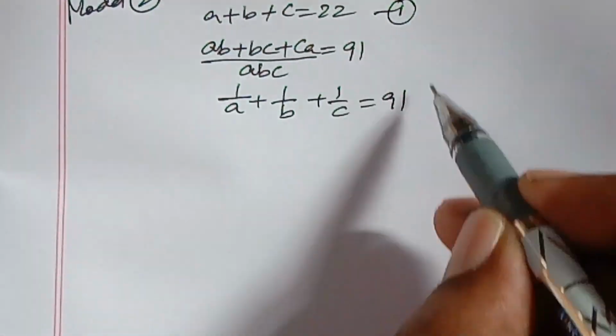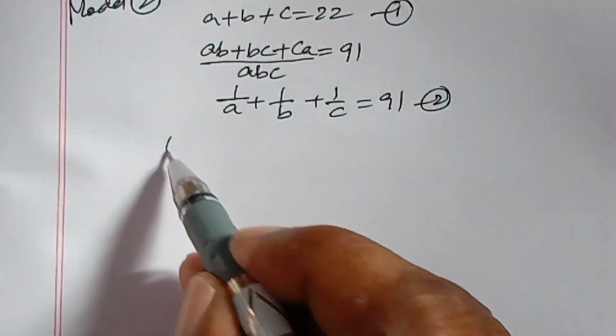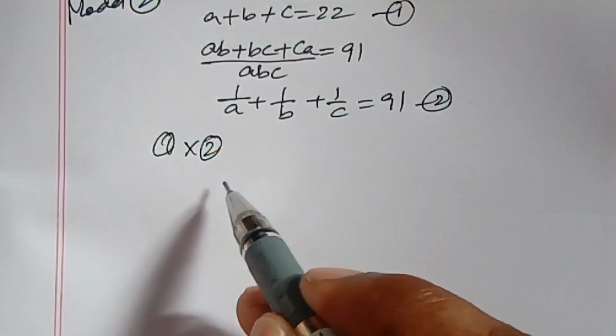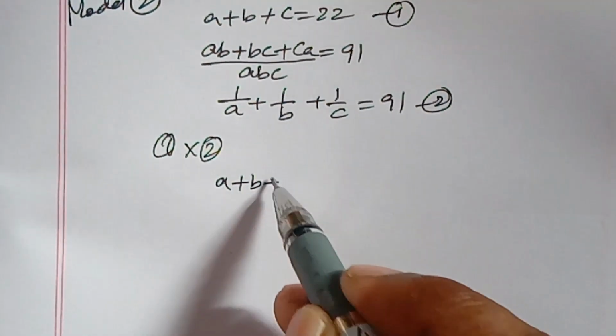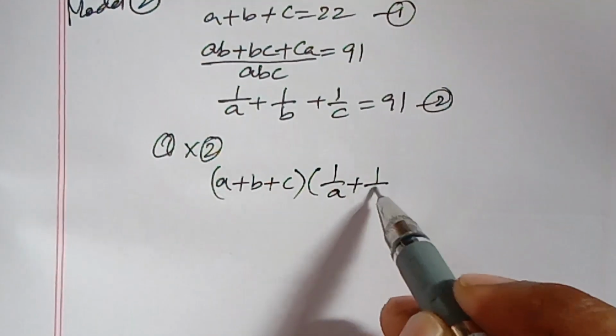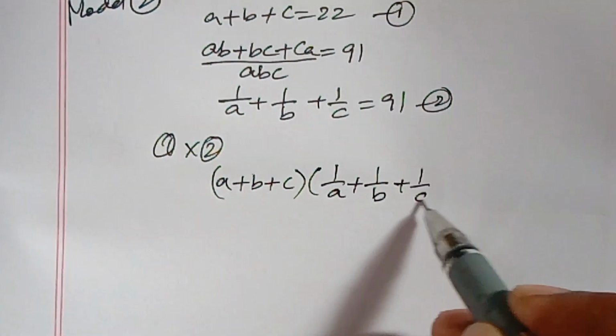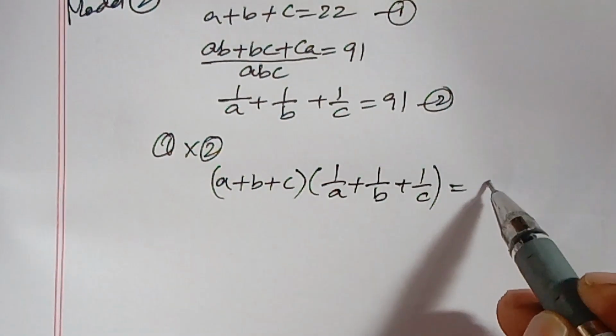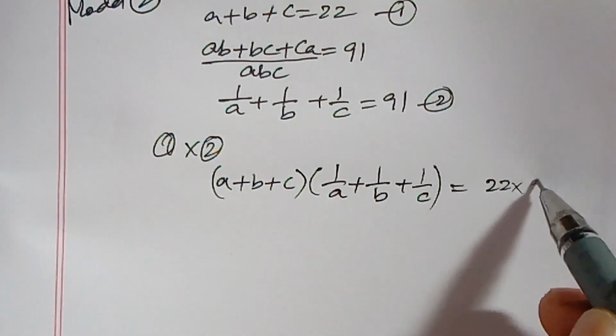So multiplying 1 and 2: a plus b plus c into (1 by a plus 1 by b plus 1 by c) is equal to 22 into 91.